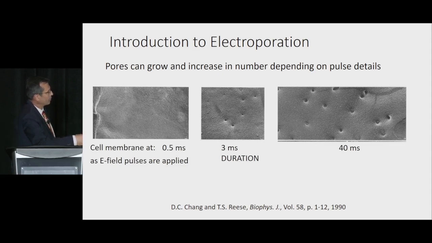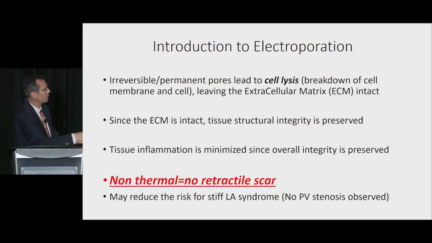Now, you can have big pores with less than that duration, but with a different type of waveform and possibly amplitude. Then with 3 milliseconds in this example, you start to see some small pores that will not stay. And then with 40 milliseconds, you have big pores leading to irreversible electroporation.